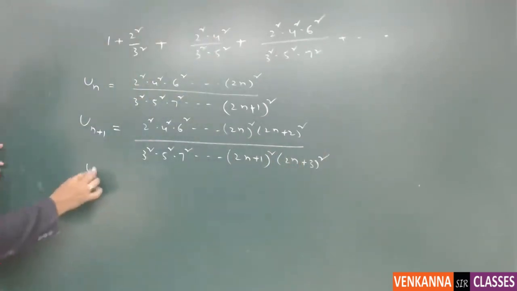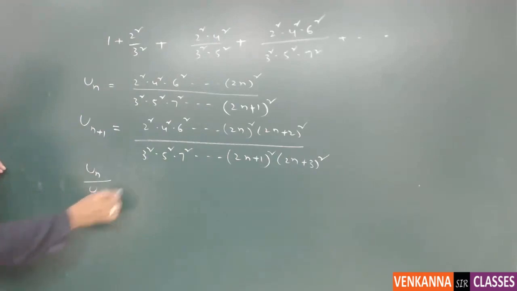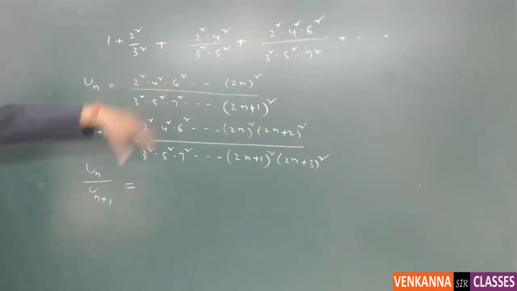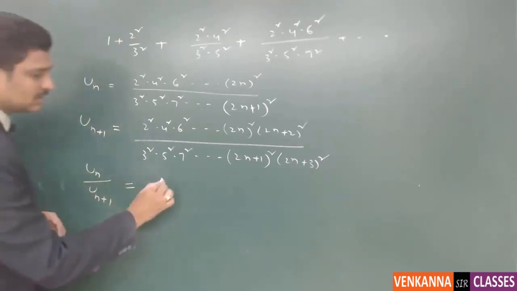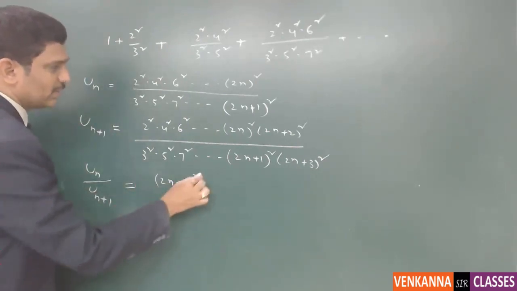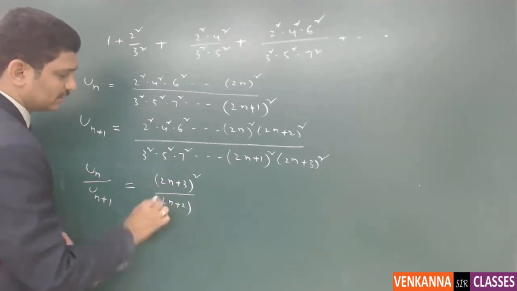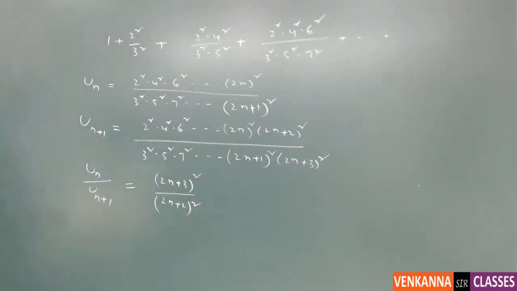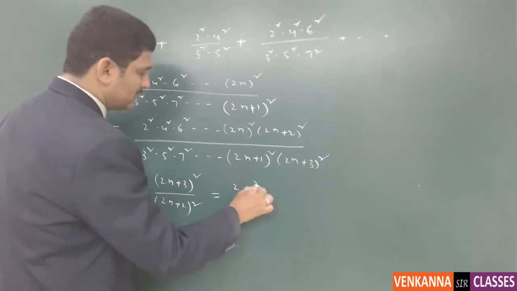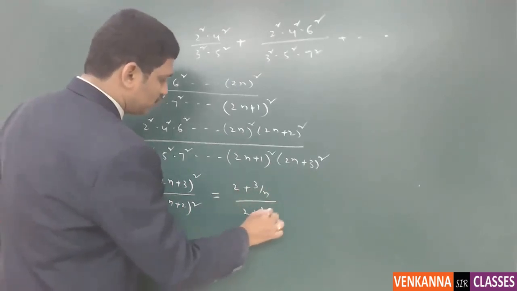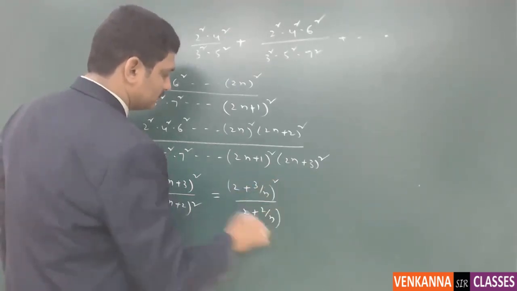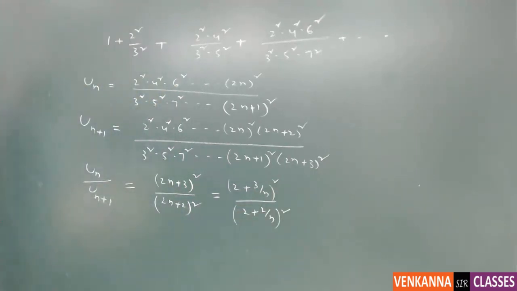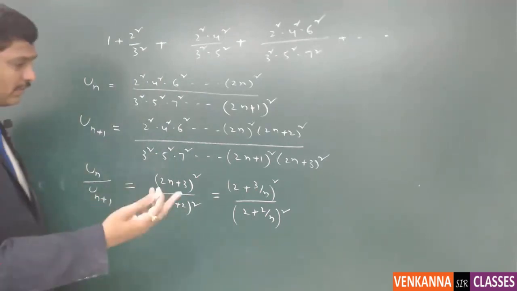So as usual, you calculate un by un plus 1. Taking the common part outside, the result is 2n plus 3 whole square by 2n plus 2 whole square. Please check that. If you take n as common, it will be 2 plus 3 by n by 2 plus 2 by n whole square.